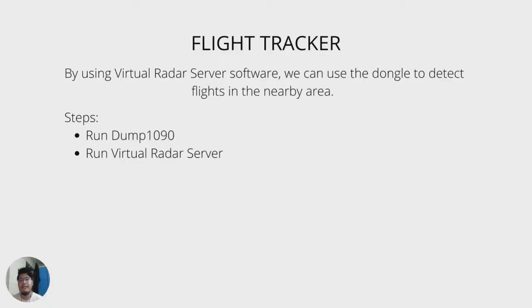Okay, the next step is the steps needed and the result obtained in order to detect the nearby flights. As I've said before, we need two softwares to detect flights. First is Dump1090. Dump1090 is a decoder to decode the messages received from the flights.